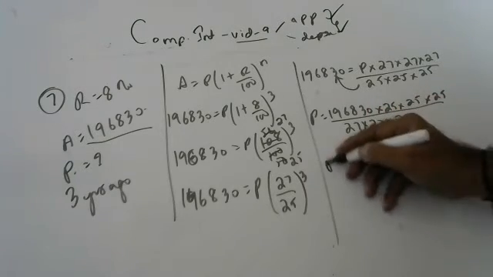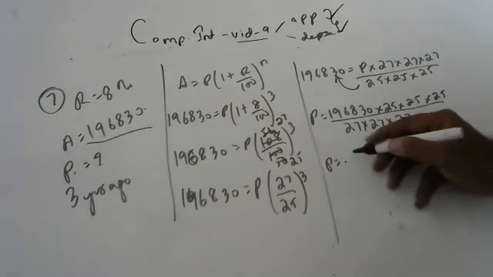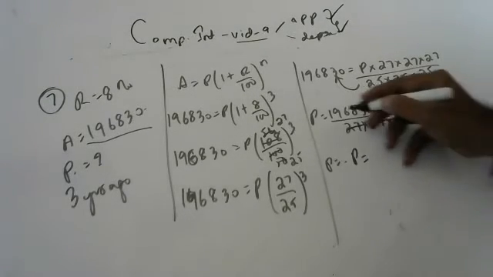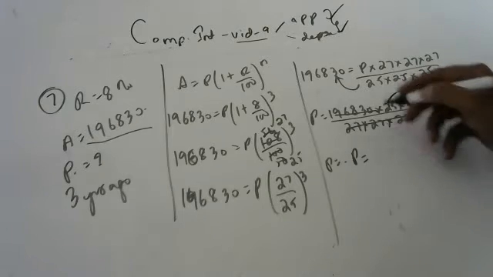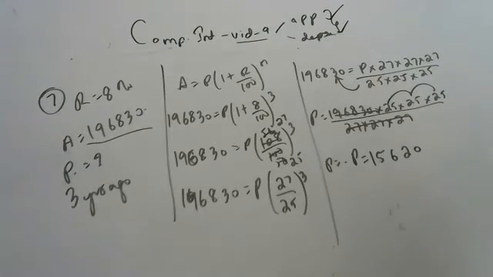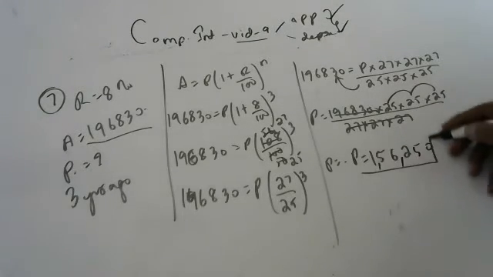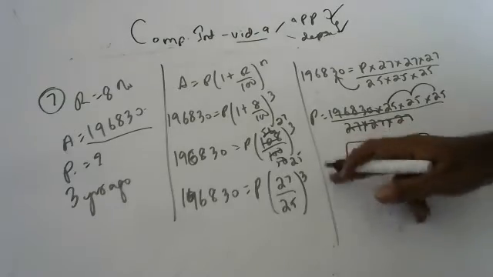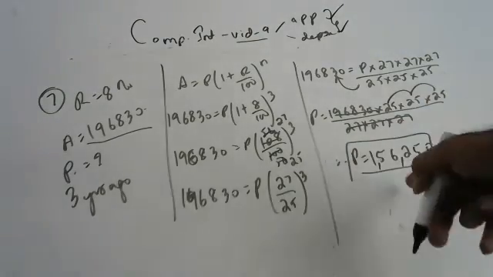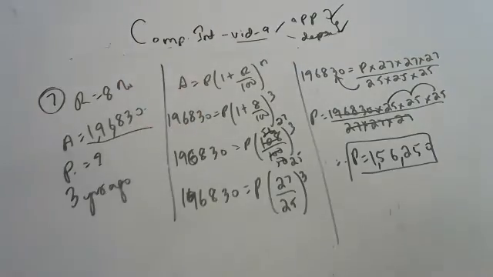That turns out to be 156,250. So 156,250 was the population 3 years ago, which became 196,830 in 3 years at this rate.